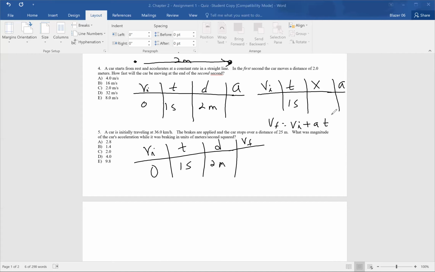So I have to find A, which you can find here. I have to find V final, which becomes V initial in the second part of the problem. And then, of course, I can find what? V final, how fast the car will be moving. Oh, I'm supposed to have V final there. Hold on.